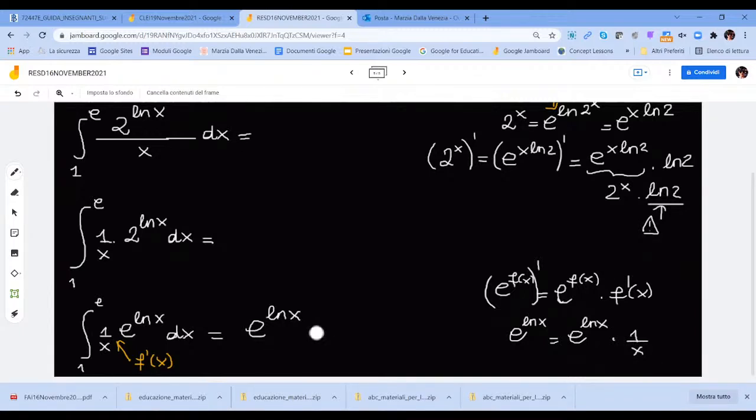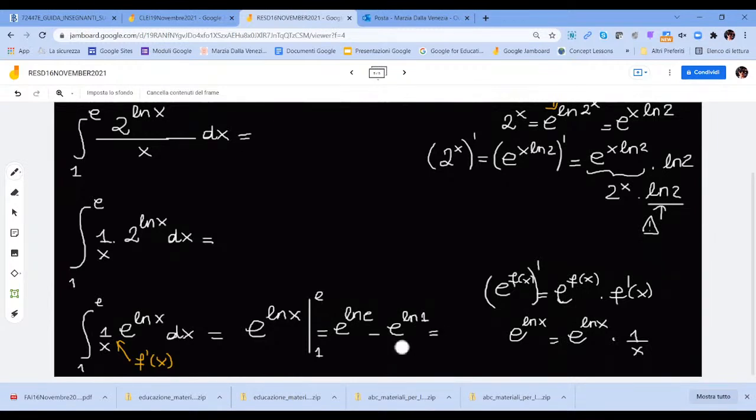Not plus c, because we have to compute two values of this primitive function. That means that we should compute e raised to the power of natural logarithm of e minus e raised to the power of the logarithm of 1.